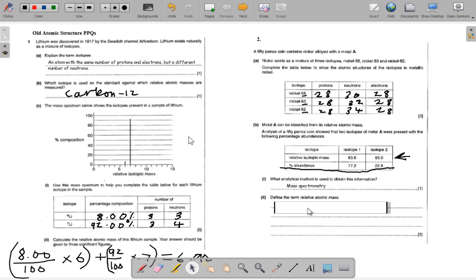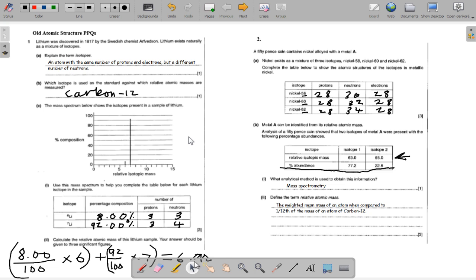And the term relative atomic mass is the weighted mean mass of an atom when compared to 1/12 of the mass of an atom of carbon-12. Weighted mean, one mark. The weighted mean mass of an atom is 1 mark when compared to 1/12 of the mass, another mark, of an atom of carbon-12, another mark.